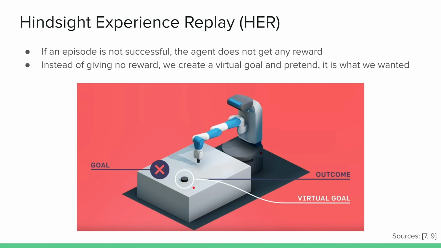That's the outcome. So we define the part where the object landed as our virtual goal, pretending that is our goal and changing our goal on the fly. Then we can say, okay, I can give you a reward because you did exactly what I wanted you to do.